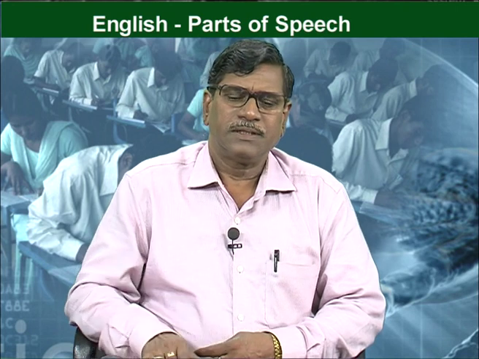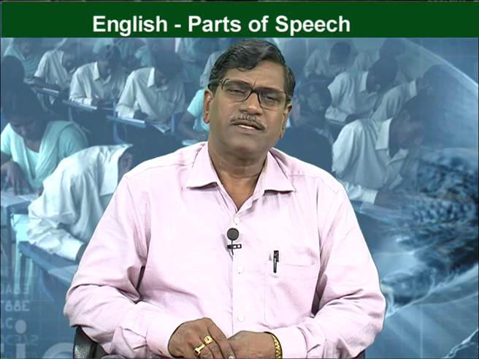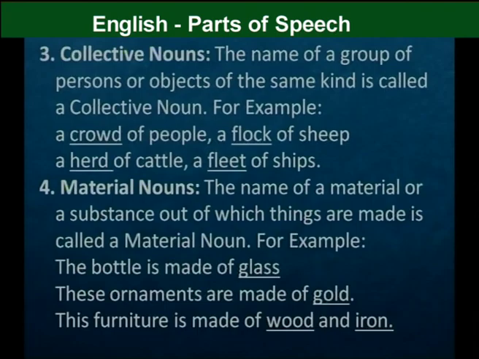And then the third variety is collective nouns. The name of a group of persons or objects of the same kind is called a collective noun. For instance, a crowd of people. The underlined word crowd is a collective noun.